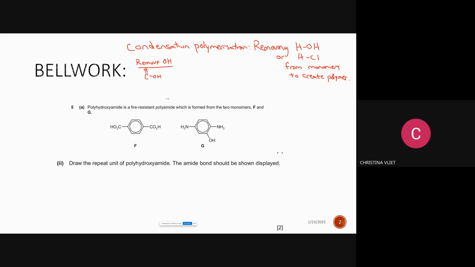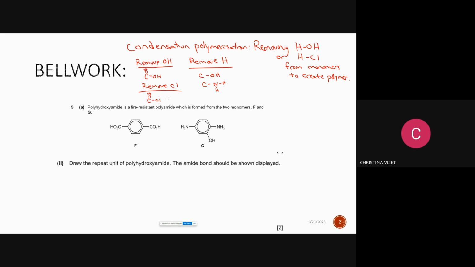You would remove hydrogen from either an alcohol or an amine. And then you may, and I believe we'll see it today, have to remove Cl, chlorine. You would only remove chlorine if you have something called an acyl chloride, which is COCl. So these are the specific things you're looking for to remove the small molecule.